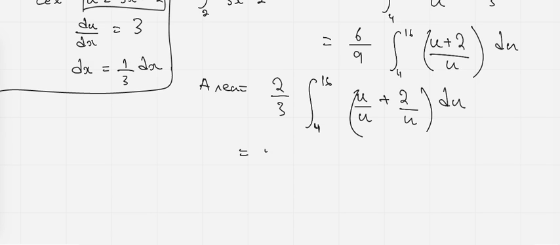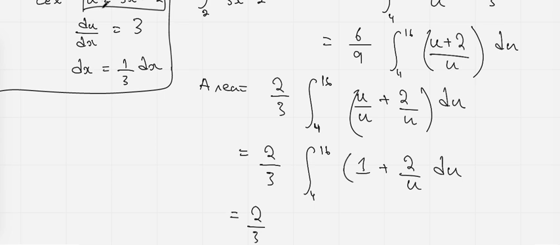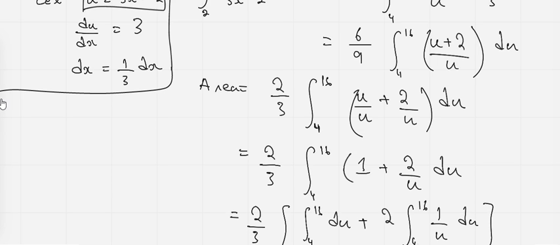That's what we call a back substitution. Once you take out the limit of your integrand, you're getting this thing back. So it is now 1 plus 2 upon u du. Clear? Now we apply the integral separately: the integral from 4 to 16 of du plus 2 times the integral from 4 to 16 of 1 upon u du. Close the bracket.